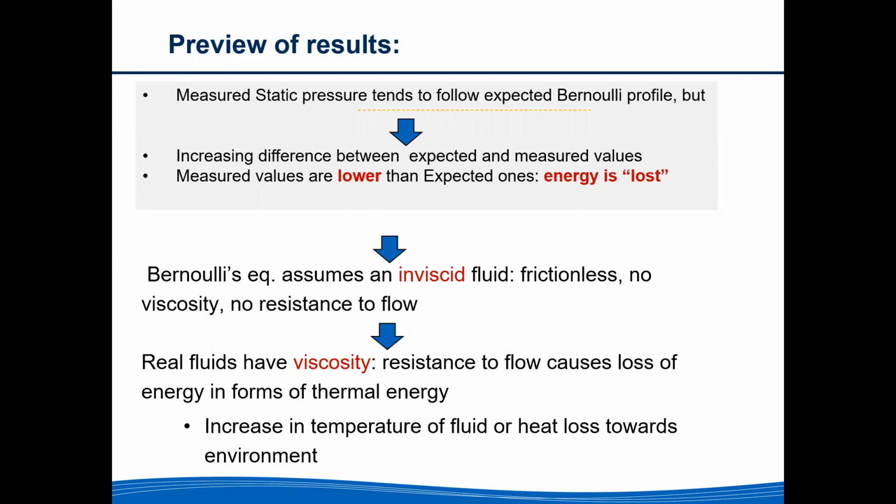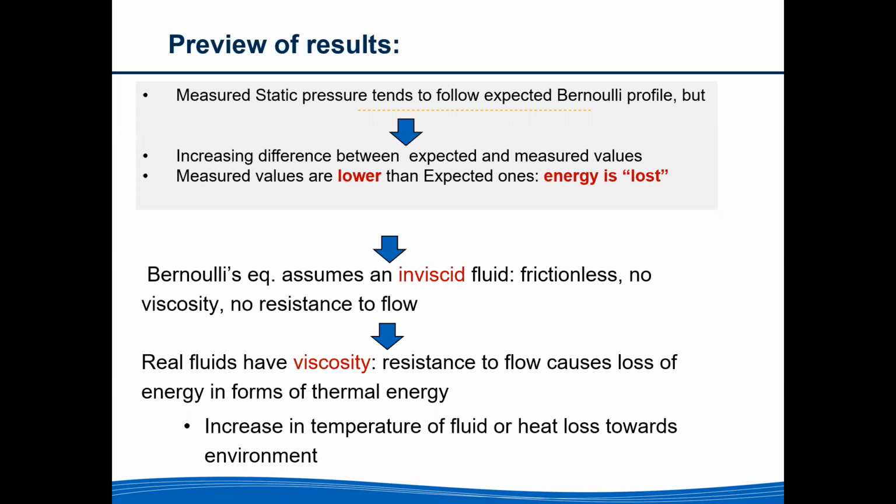We can notice that in the experiments, the measured static pressure tends to follow the expected Bernoulli profile. But there is an increasing difference between the expected and the measured values. The measured values are lower than the expected one. Somehow, the energy in the system is lost.